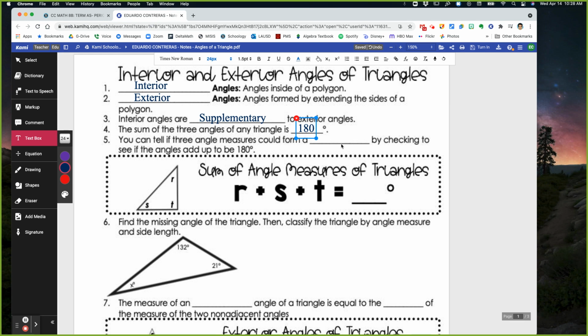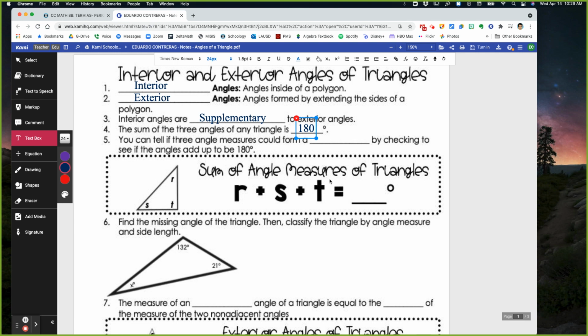That's a very important theorem. That's called the angle sum theorem of a triangle. A theorem is a law or rule in math that can be proven. So basically, the 3 angles inside of any triangle add up to 180, always and forever. Okay?